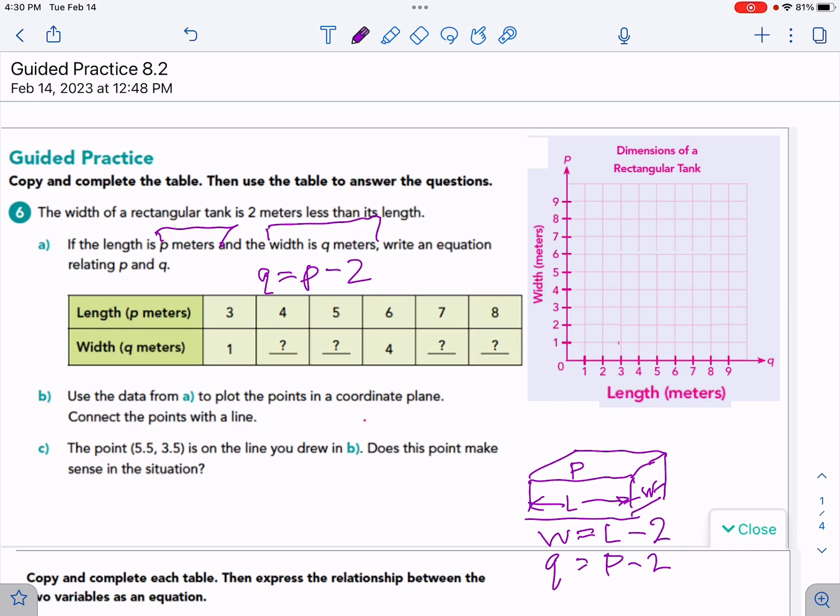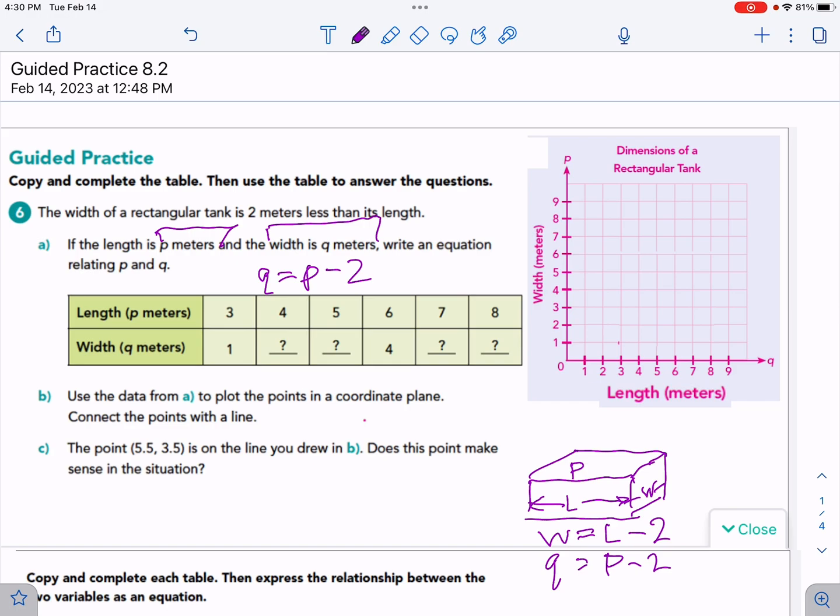Well, very good. How do I figure out what is the dependent variable and what is the independent variable? Well, I ask myself this question: which variable needs the other one in order to find the value as the problem is written? Could you rearrange this and say p equals q plus 2? Yes, you could, but that's not the problem.